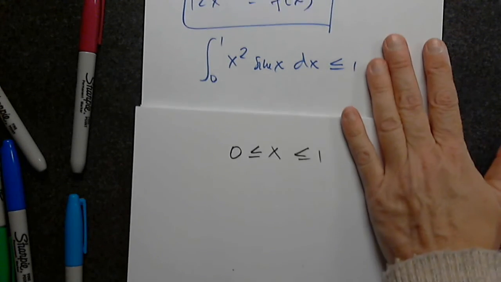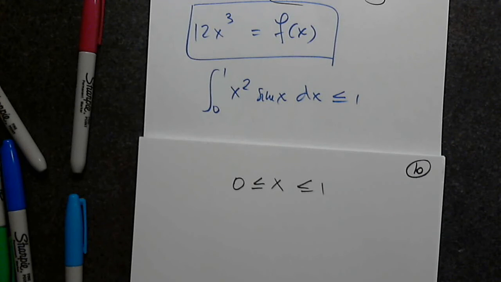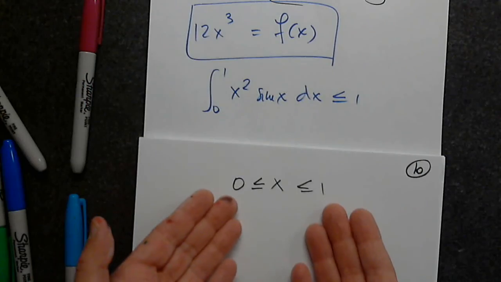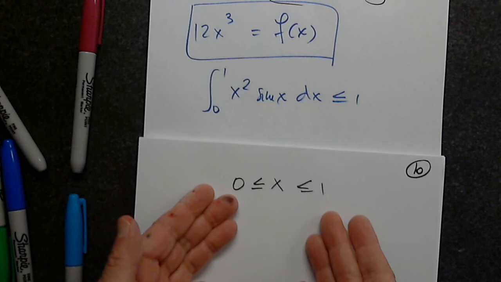Okay. When we talk about sine, and x is between 0 and 1, that means between 0 radians and 1 radian. So I'm trying to build this function. And I know that x is between 0 radians and 1 radian.